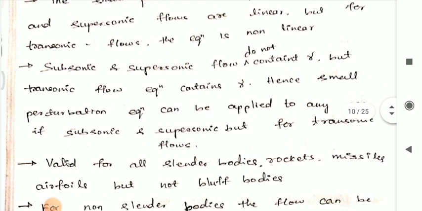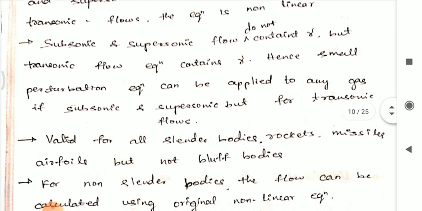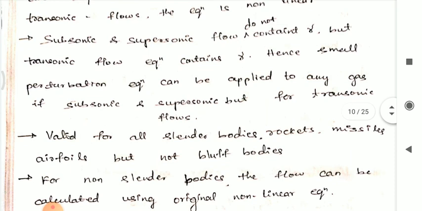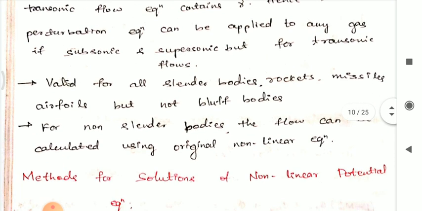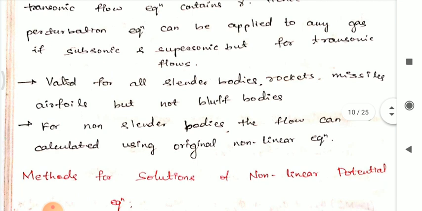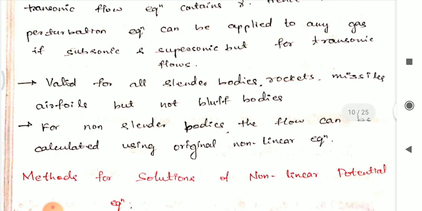The transonic flow term contains gamma, and hence perturbation theory will not be applied for transonic. It can only be applied for supersonic and subsonic. It is valid only for slender bodies and planar bodies like rockets, missiles, airfoils, but not for bluff bodies. And for non-slender bodies, the flow can be calculated using the original non-linear basic potential equation.